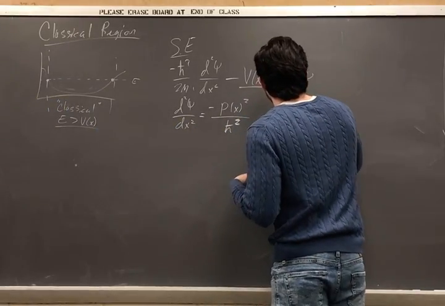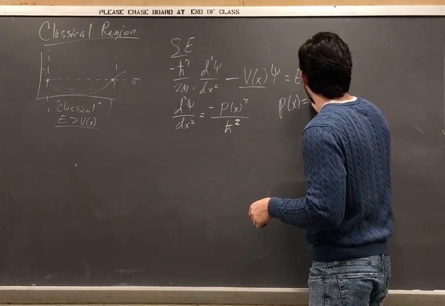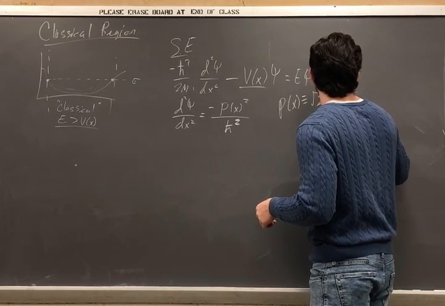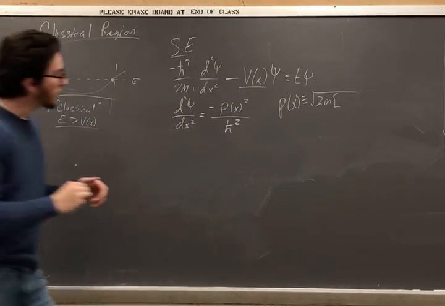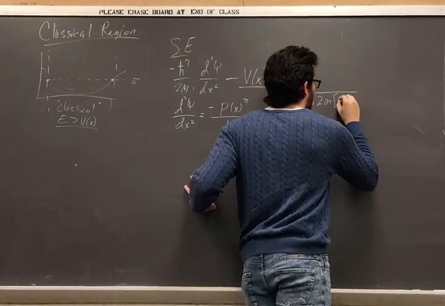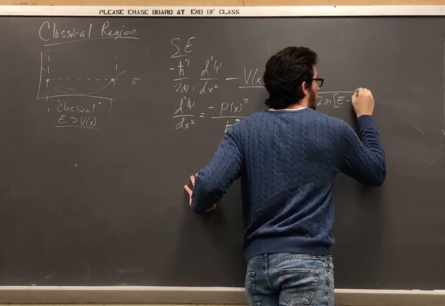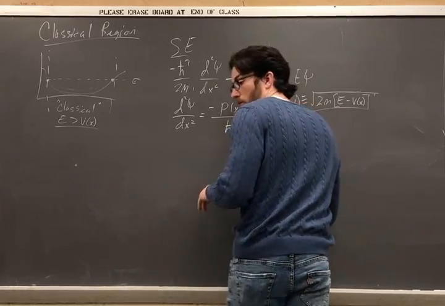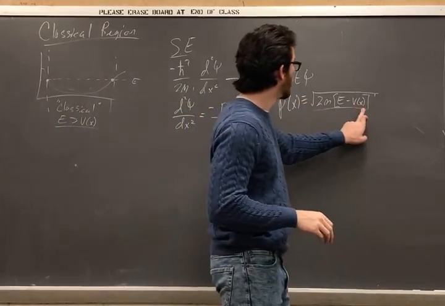Well, p of x, we can just define it as anything, right? So we can define it as 2m times E minus V of x, just as I said before, over nothing, because we already have this h bar squared, so we don't need that here.